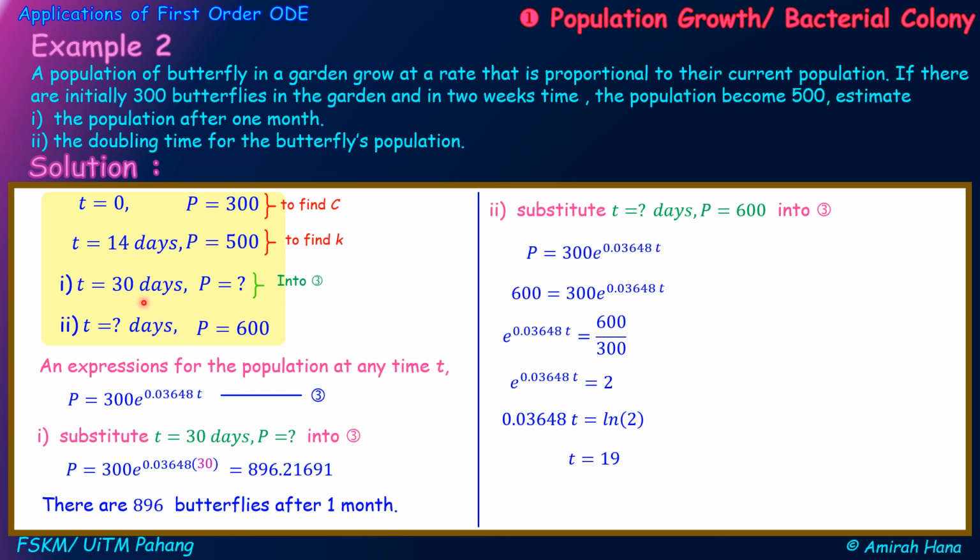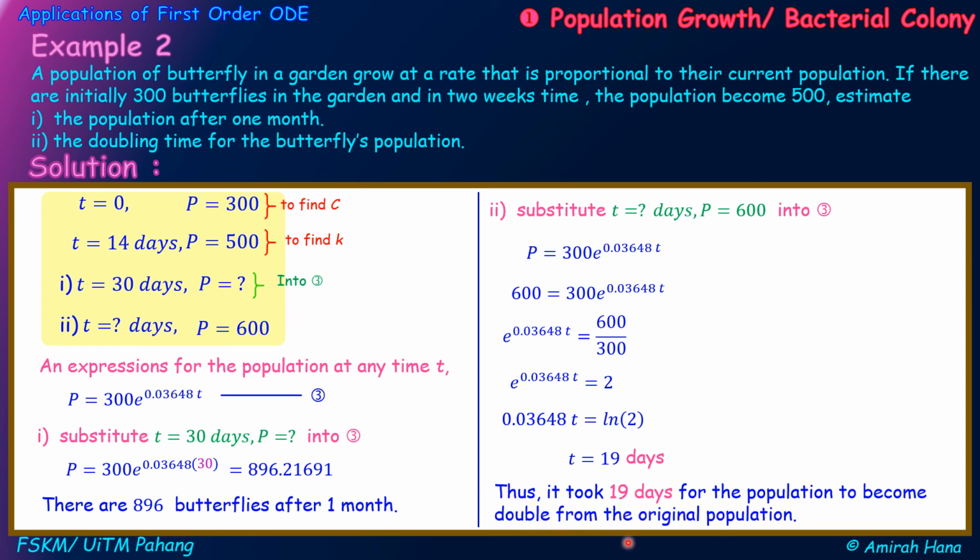Since we use the unit days for time, we put it here. So we can write that it took 19 days for the population to become double the original population. So this is the final answer.